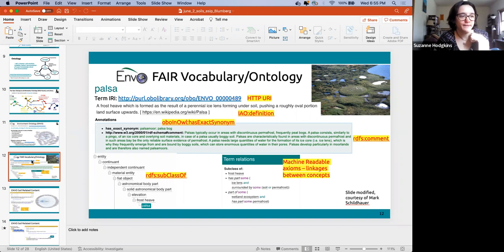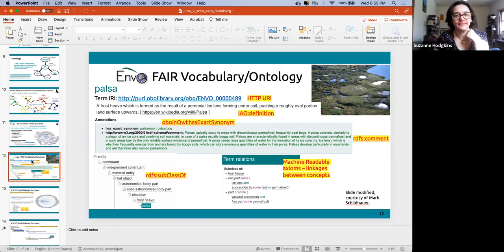But the broader point is that there are these ENVO terms which are not always the same as what research groups have been using internally, and so I could imagine just saying, when we say pulsa, we mean this other ENVO term.